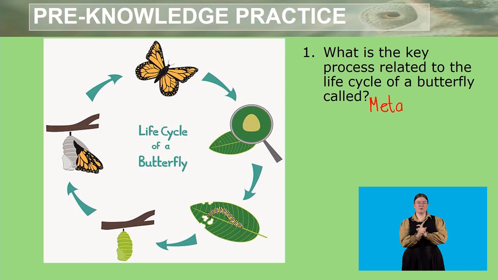The caterpillar spins into a cocoon, and then a young butterfly forms from that, and then we later have an adult butterfly. Okay, so the process is metamorphosis.